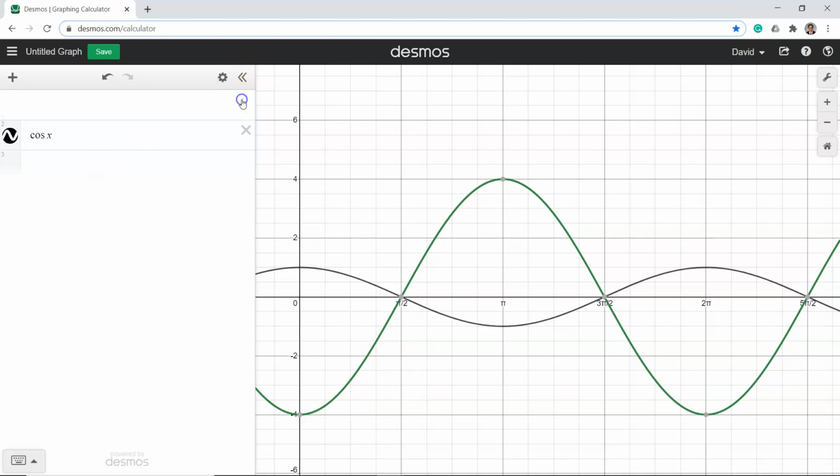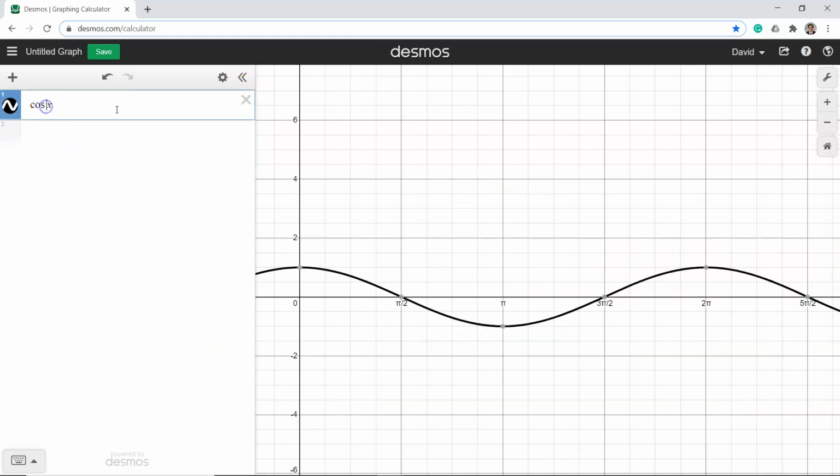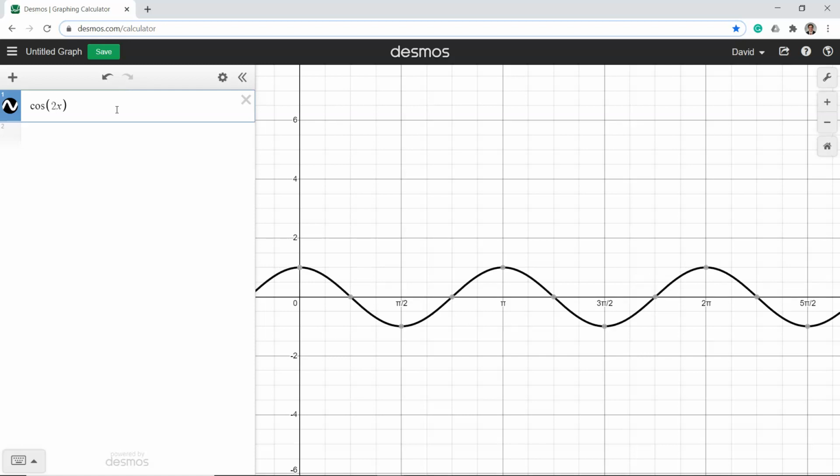Okay, so now let's talk about what happens when I do cosine of x and multiply this x by a number. So let's start by just multiplying this by 2. Okay. Let's then compare this to cosine x just to see how this has changed.